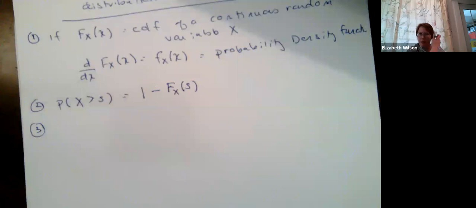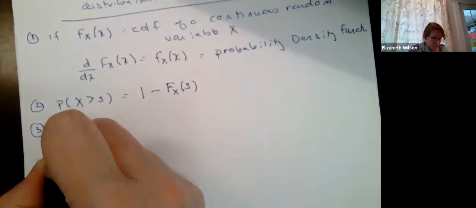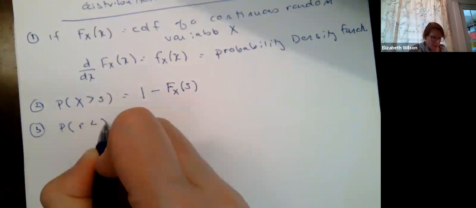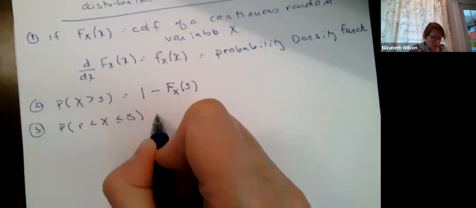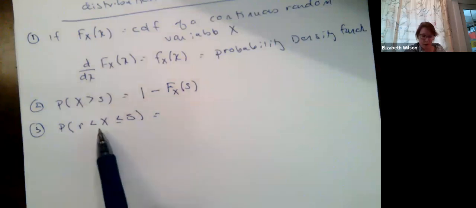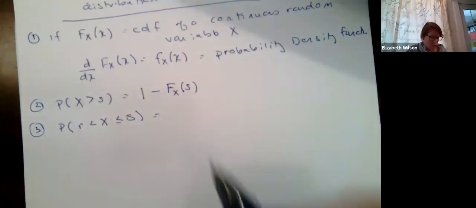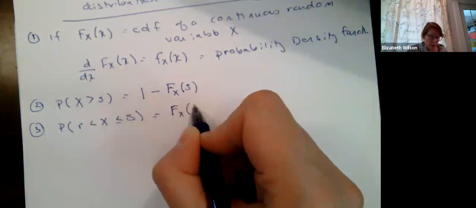Statistics part, so keep this in mind. All right, so now the probability that r is less than x, which is less than or equal to f. Because we're taking our PDF and integrating between different values, it's as though I'm taking my cumulative distribution function and subtracting these values out.